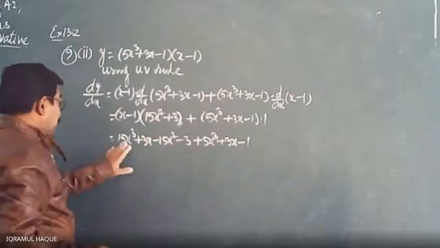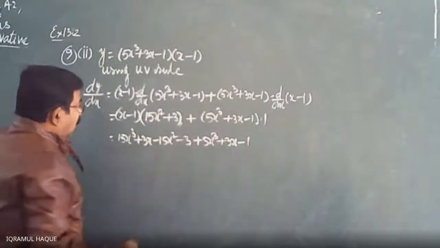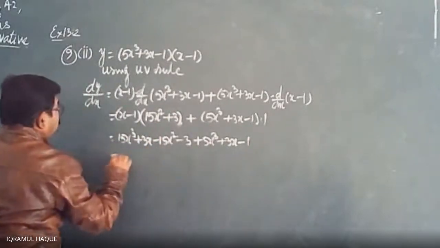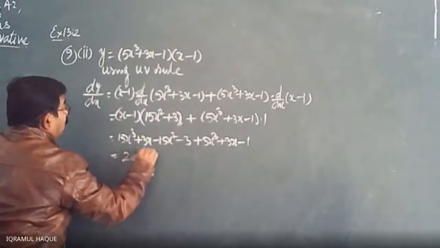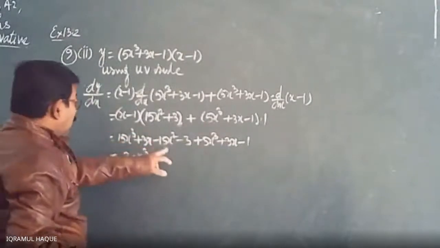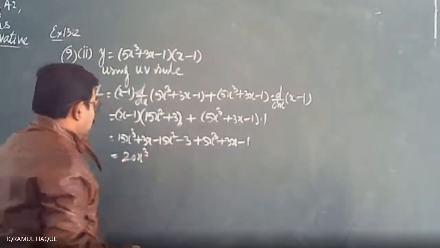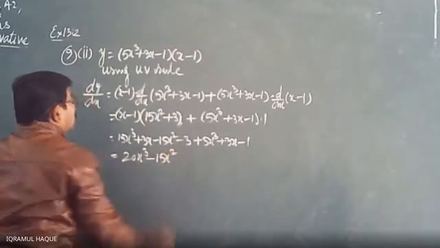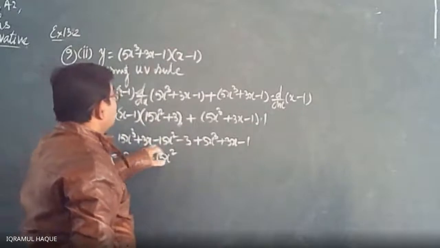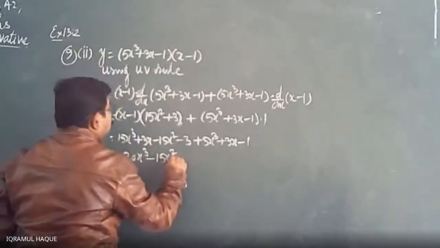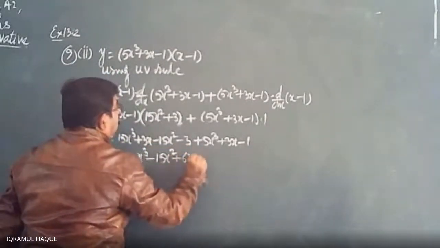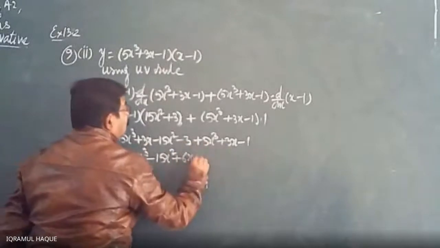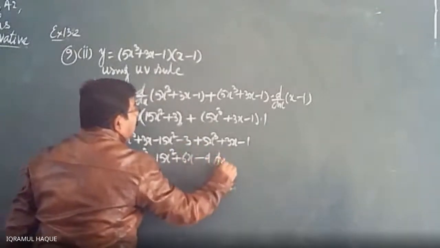Simplify 15x cube and plus 5x cube, 20x cube, minus 15x square, plus 3x plus 3x, plus 6x minus 3 minus 1, minus 4 is the answer of this question.